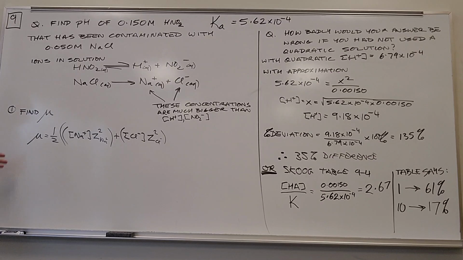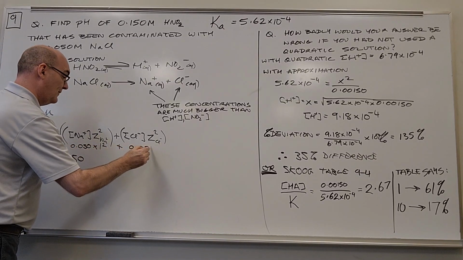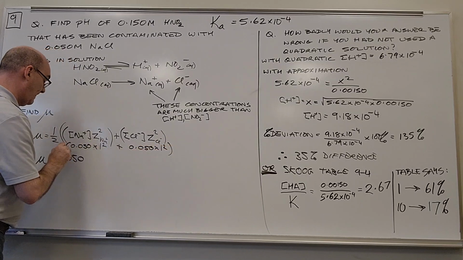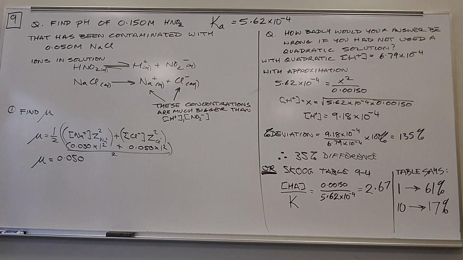So you can do the whole calculation, but everything cancels and just ends up being the concentration that you start with. Okay? So mu gets to be 0.050, because that's 0.05 multiplied by 1 squared plus 0.05 multiplied by 1 squared, all over 2. Are there units? No. Great.